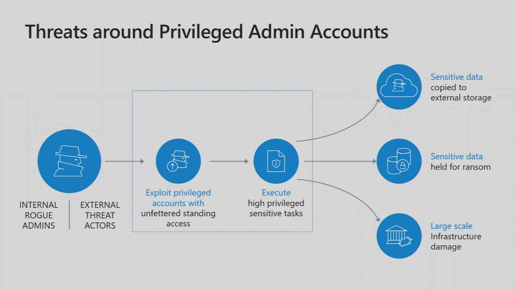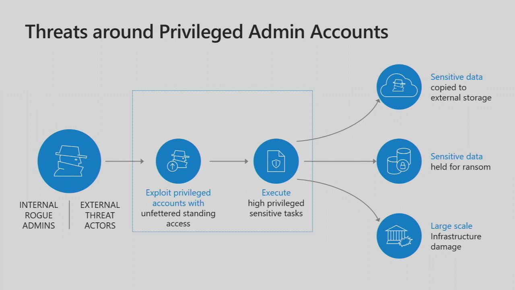So either it was an inside job or an administrative account was compromised by an external actor and was misused to gain further access to the organization. So it's super important to make sure that the privileged accounts are secure and privileged access is really controlled.